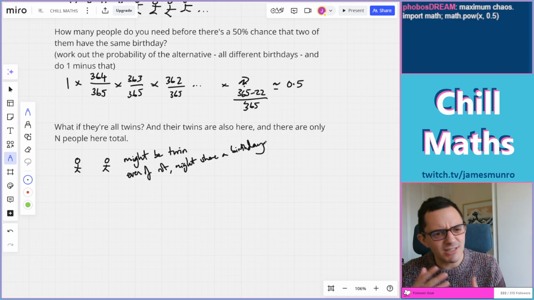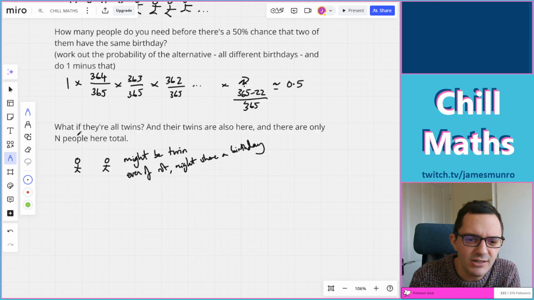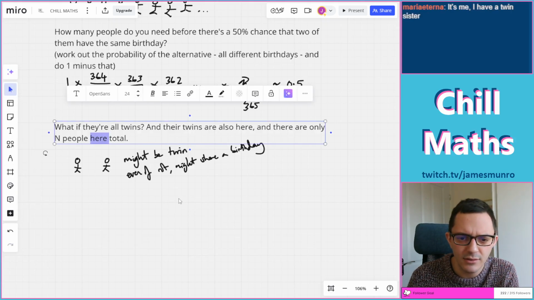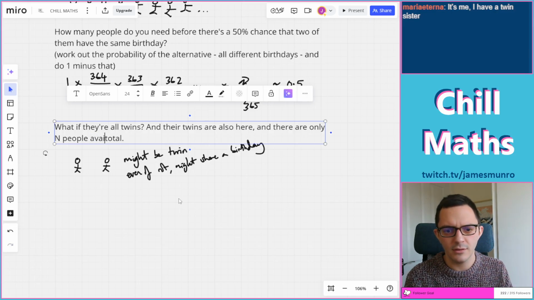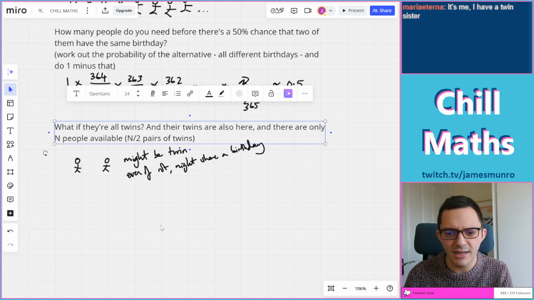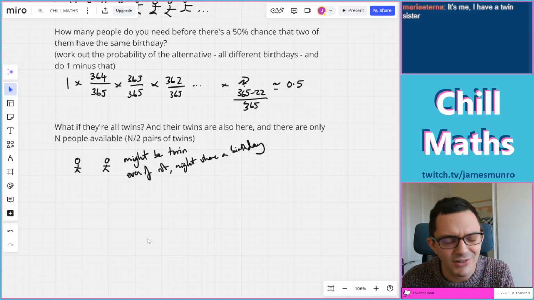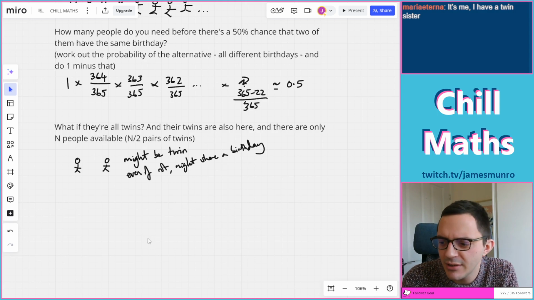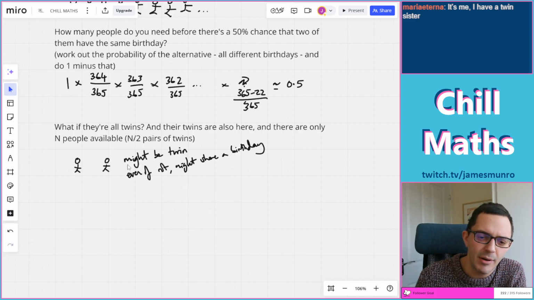So far, I'm constructing a party, I suppose, but this time I have to put a size on the collection of people to work out this probability that they might be a twin.